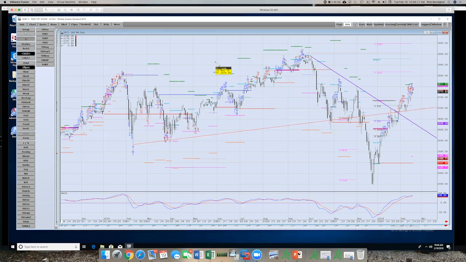But what I want to do is highlight here, we have ellipse. So in this area here, notice I have both an aggressive and standard sequential signal come just a few days apart. And it was pretty darn close to the January peak before the market fell.